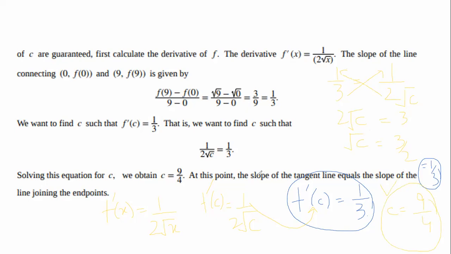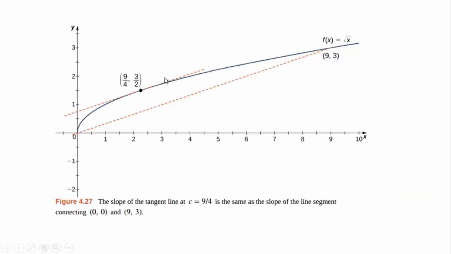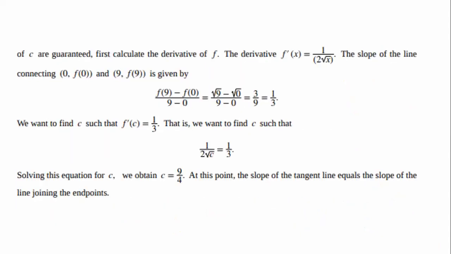Okay, so at this point, the slope of the tangent line equals the slope of the line joining the endpoints. So this c value is the point where the slope of the tangent line equals the slope of the line joining the endpoints. So this is how we find the value, that is c equals 9 upon 4, and the value of the function is 3 upon 2 respectively.